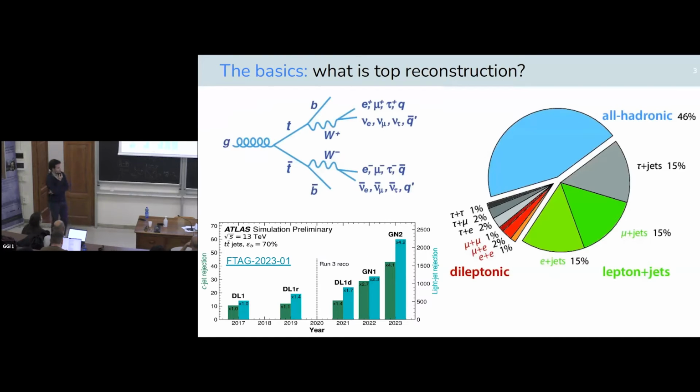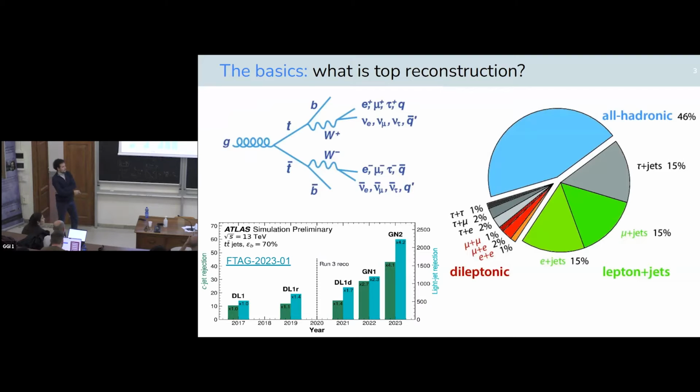So let's start with the basics of top reconstruction. As you've heard several times, we don't actually see these tops in our detectors. We only see the decay products, specifically the electrons, muons, possibly taus, and jets that you get from the W decay, as well as the B jets you get as a telltale sign that you had top production.